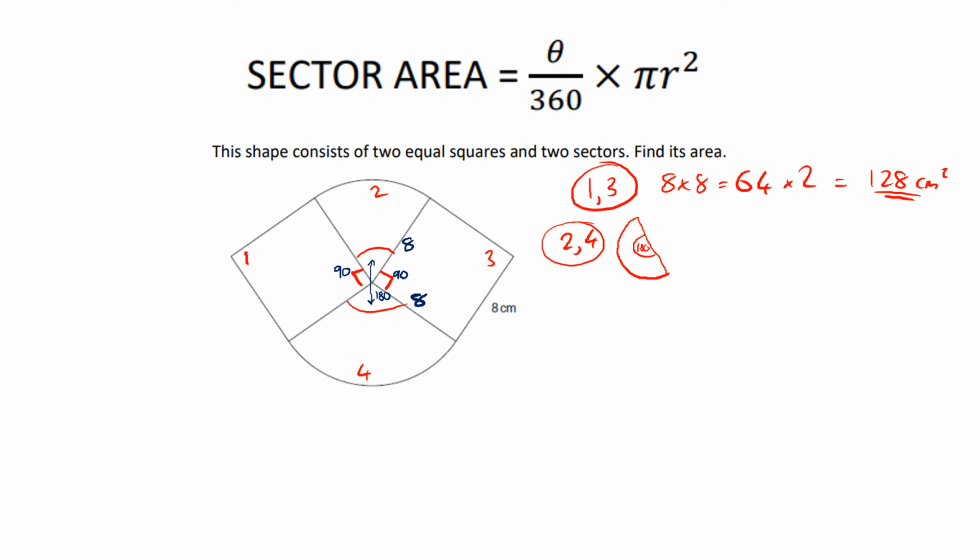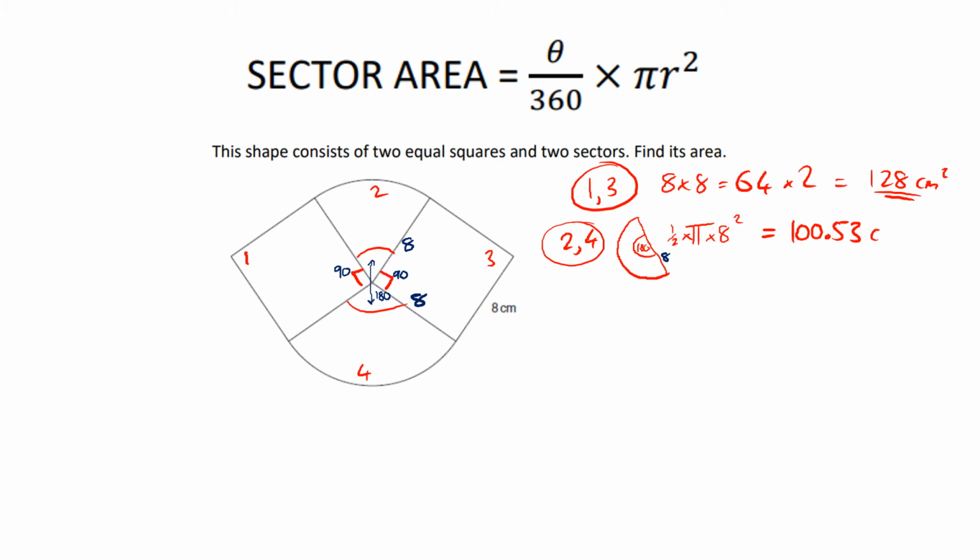We can just say that put together 2 and 4 and you've got yourself a semicircle with radius 8. So let's just do that. Pi times r squared, and then it's a semicircle, so we want to do a half of that. What will that give us? It gives us 32 pi, or possibly 100.5. Let's go to decimals this time.